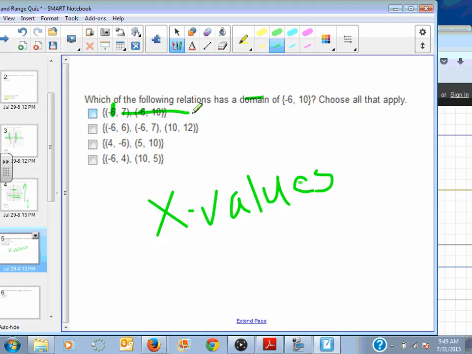So you need a 10 in your x value. You get a -6, -6, and a 10. That's good right there. They repeat, but that's okay. Here you've got a 4. That's out. We don't want that. And here you've got a -6 and a 10. That's what we want. Those two right there, the second choice and the last choice, have a domain of -6 and 10.